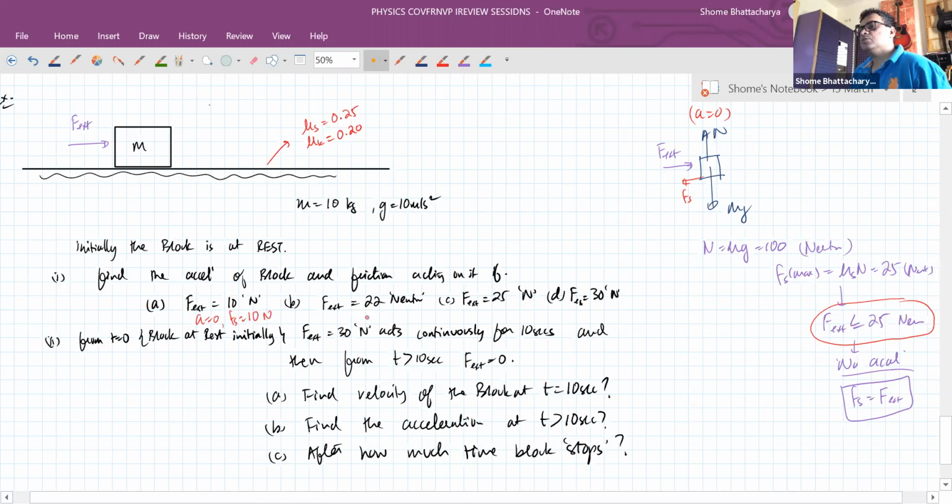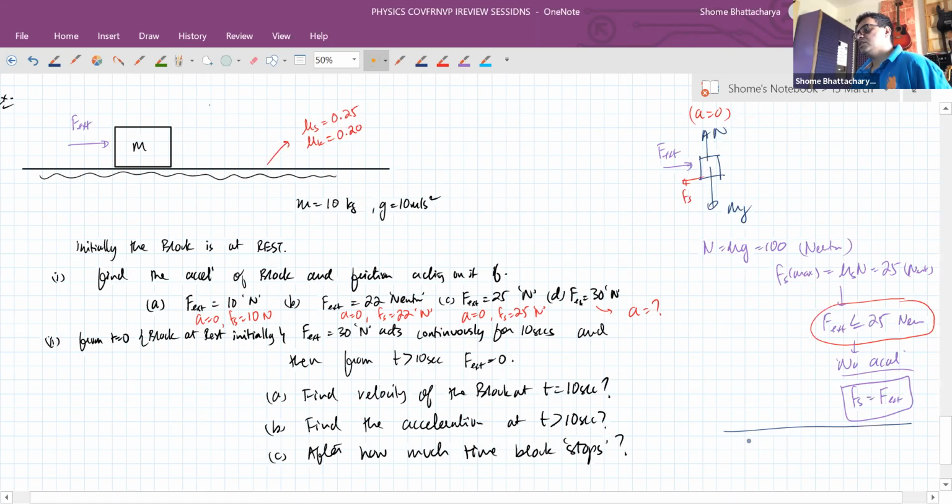B part also my acceleration will be 0, but the static friction would have increased to 22 newtons. C part also the acceleration will be 0. The static friction would have increased to 25 newtons. Okay. But D part, now acceleration will not be 0. Very good. So D part, the acceleration will become 1 meters per second square.